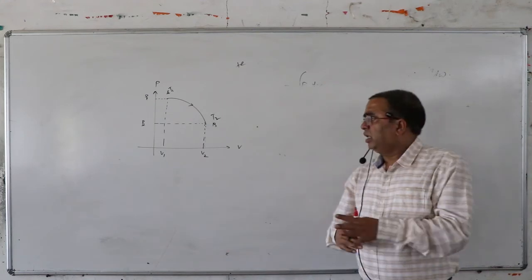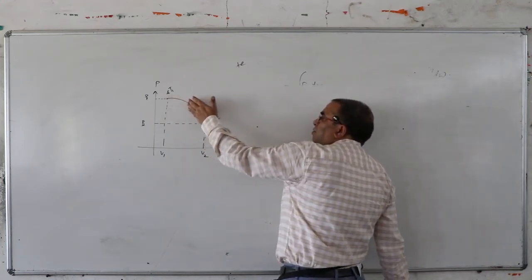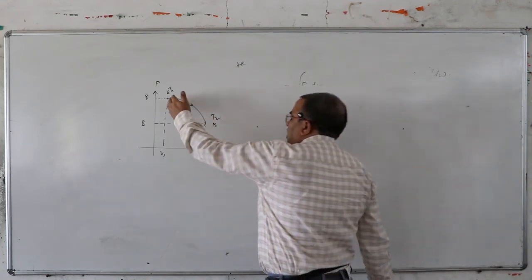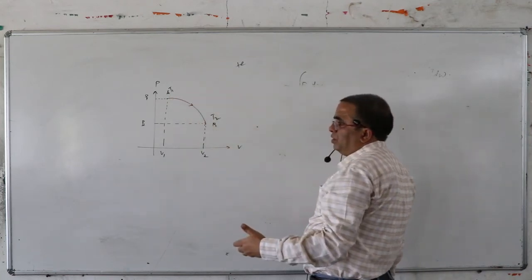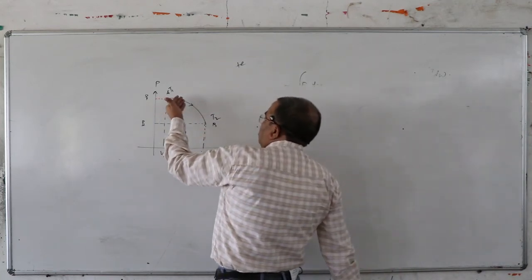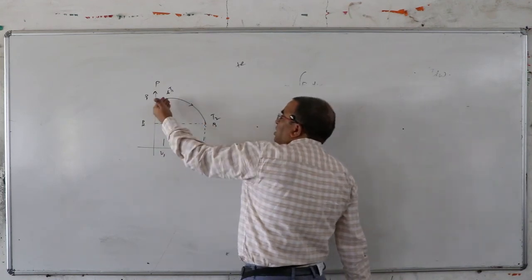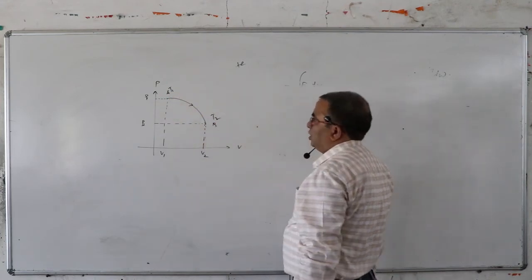So in that scenario, the gas is taken from A to B through the graph according to this path, according to the graph plotted. So this is the trajectory of the thermodynamic process in which the system is taken from state A to state B, one state to another state.